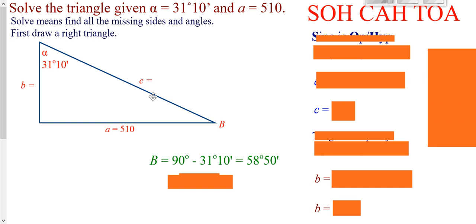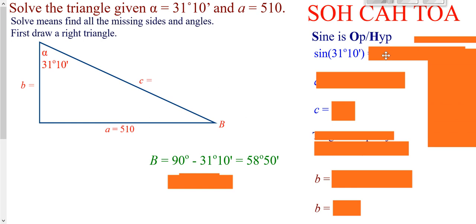So if we want to go ahead and find C first, we would have our angle, we'd have opposite, we'd be looking at hypotenuse. We know that that's this. So we go sine of our angle is equal to our opposite over our hypotenuse. Then we'd have to go ahead and multiply both sides by C to get C out of the bottom.